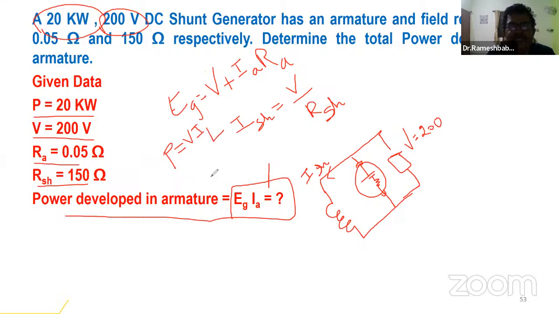Power is given, V is given, find out IL. If you know the IL value and ISH value, adding them gives you the IA value. Clear? I hope you all understand this problem.